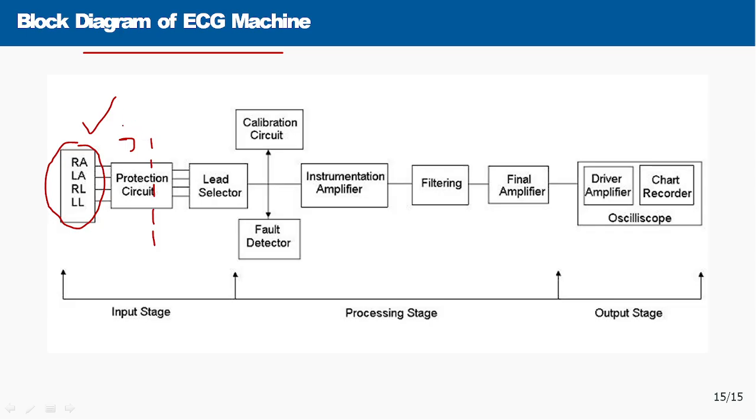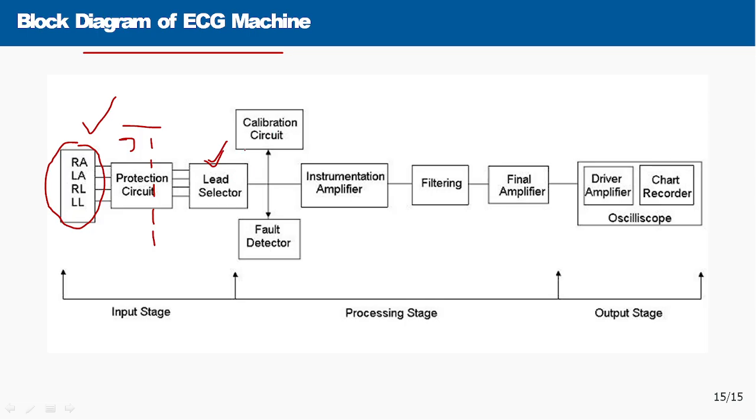So we have to use an isolation circuit, that is, a protection circuit. Then through this protection circuit, they are connected to the lead selector, which determines which lead is activated at what time, so that we can record the potential.